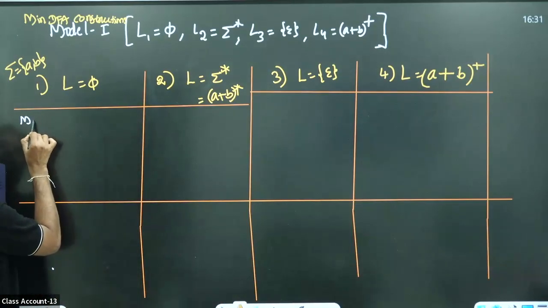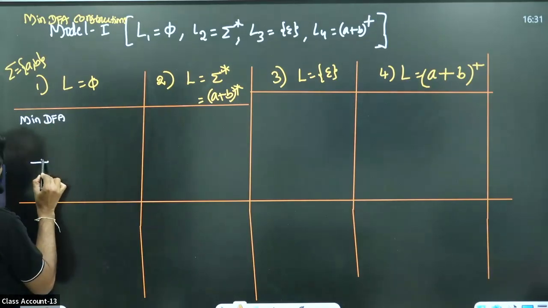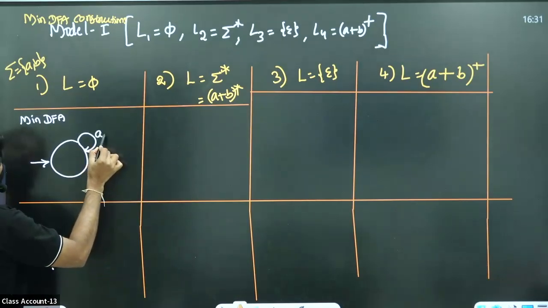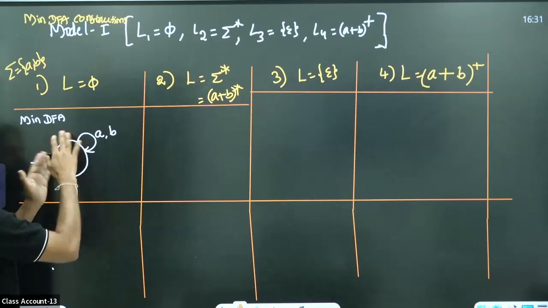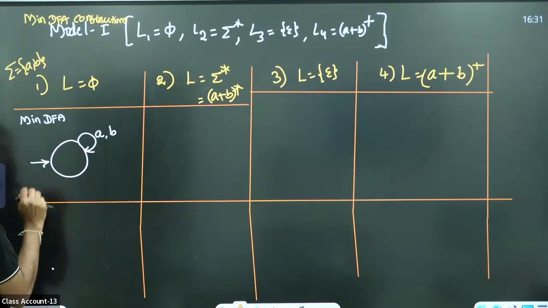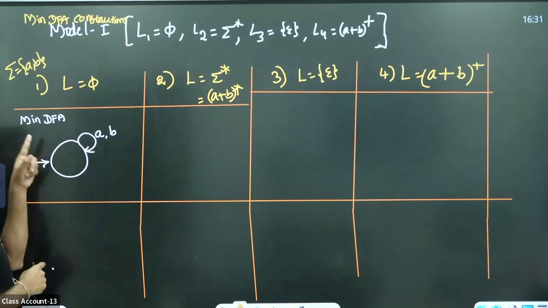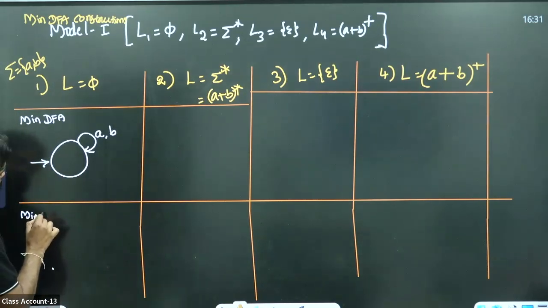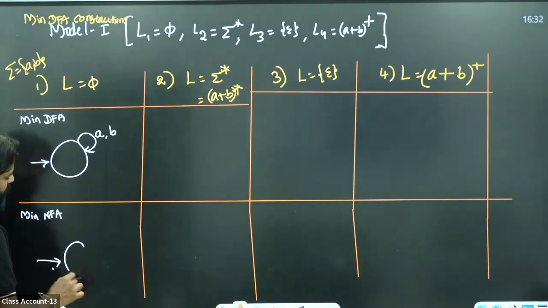Minimum DFA when you design, you should look at less number of states. That is, you want the empty language to be accepted. Now, for every input you have one transition and also there is no final. And this DFA is the shortest DFA in the world to accept empty language. Whereas NFA you want to design, that's it.